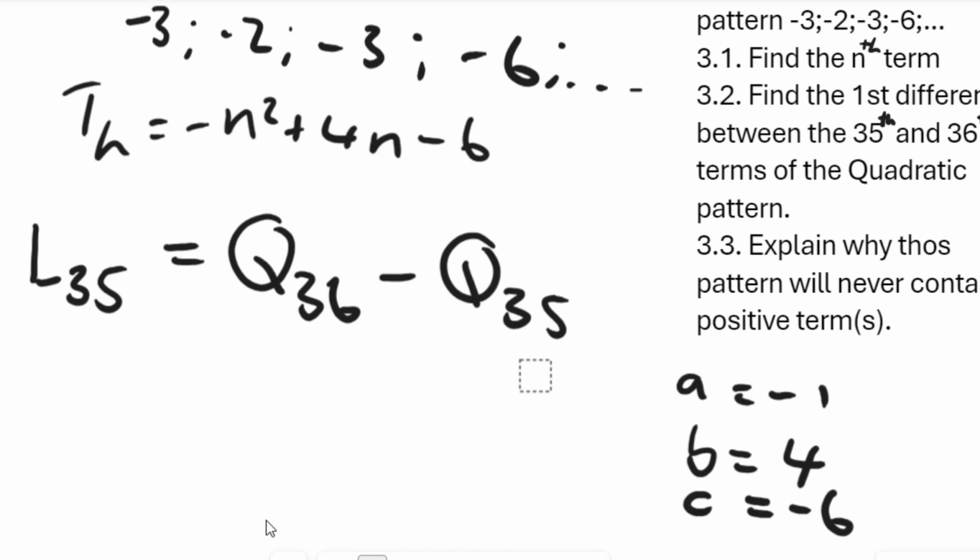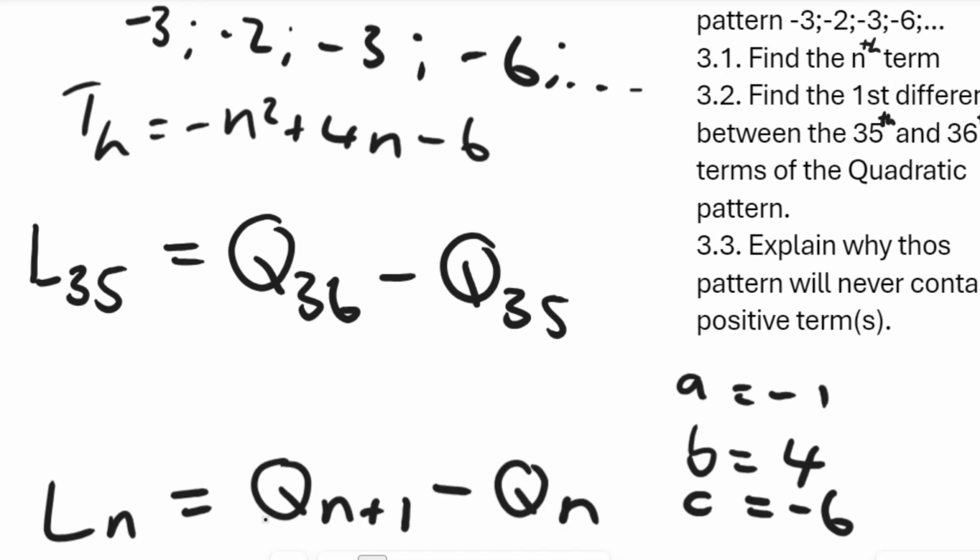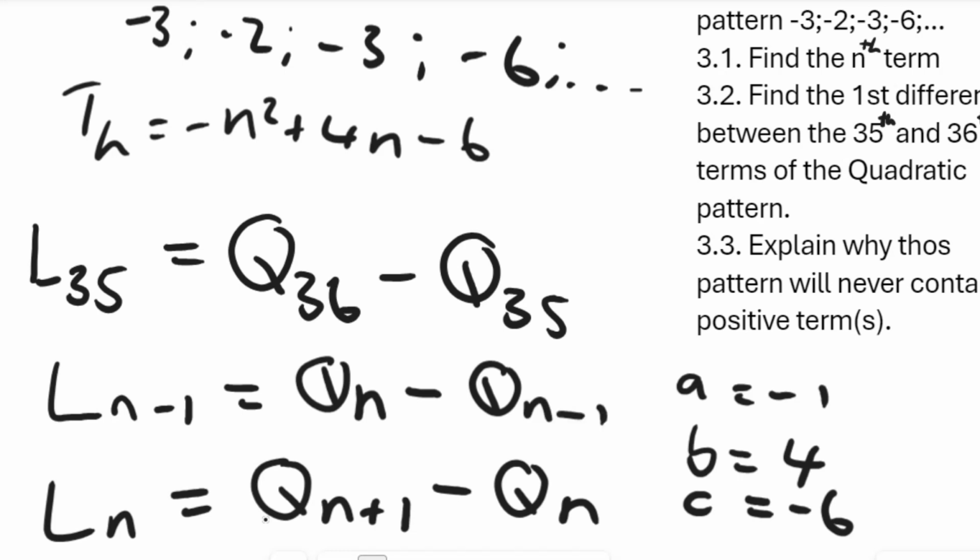The general term for this is: linear term number n will be equal to quadratic number n plus 1 minus quadratic number n, or linear term number n minus 1 is equal to quadratic number n minus quadratic number n minus 1.